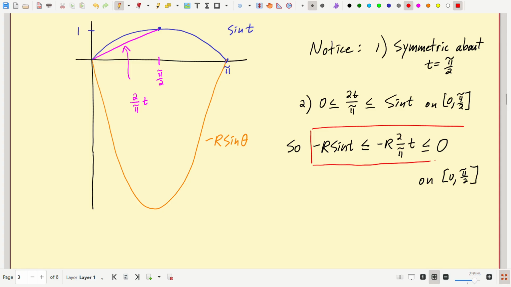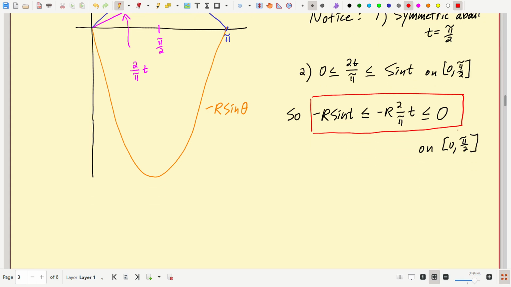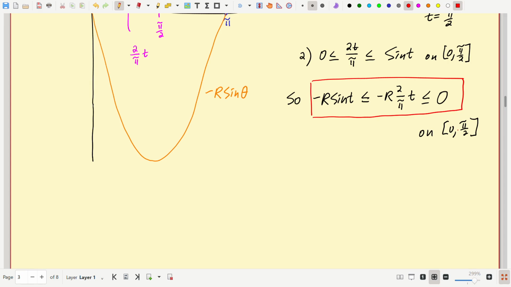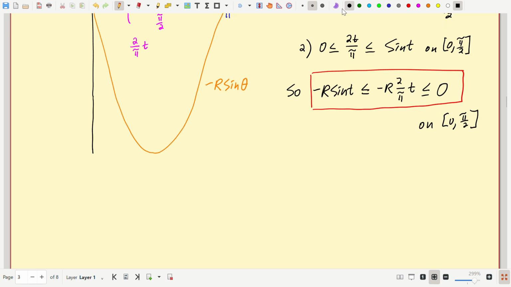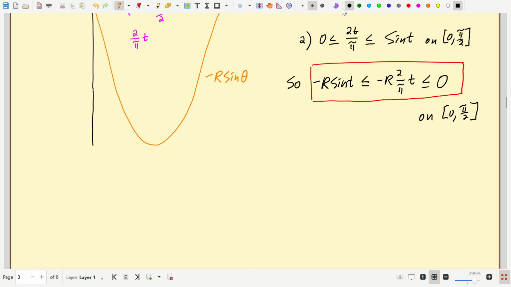Interesting, I can't calculate the integral of minus r sine t, but I certainly can of minus r 2 over pi times t, that integral. So consequently, here's what I get. Well, let's see, so number 3, e to the x is increasing, strictly increasing.